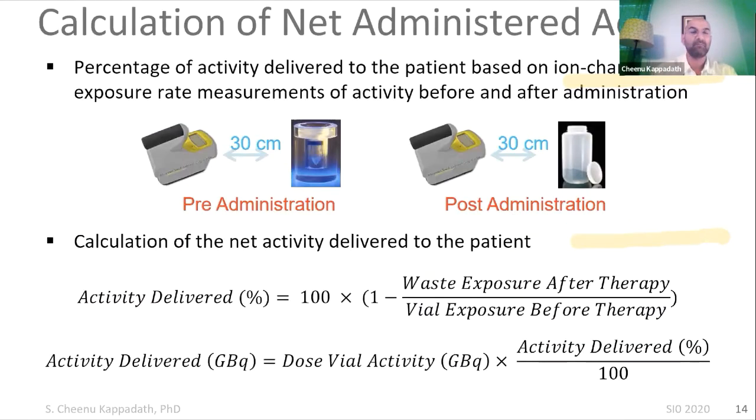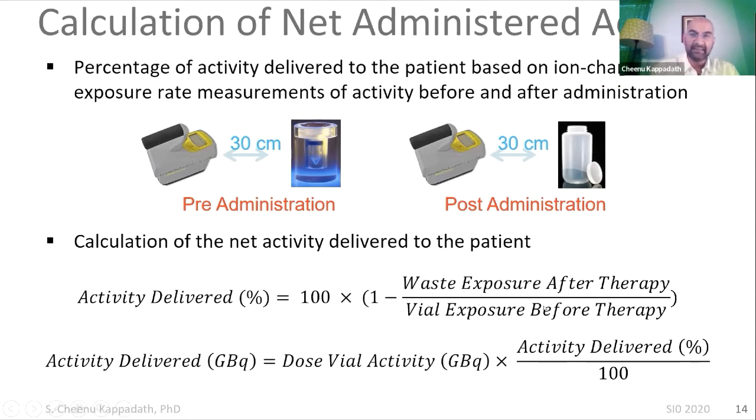So the way we normally approach this is, a dose calibrator is basically an exposure rate meter, okay? It is just a very sensitive exposure meter, but the physics is the same. So the strategy that is used is we measure the original vial at a fixed distance and figure out what the exposure rate is. After the procedure, we put all the waste in a jar, okay, put it in an acrylic shield and measure its exposure rate.